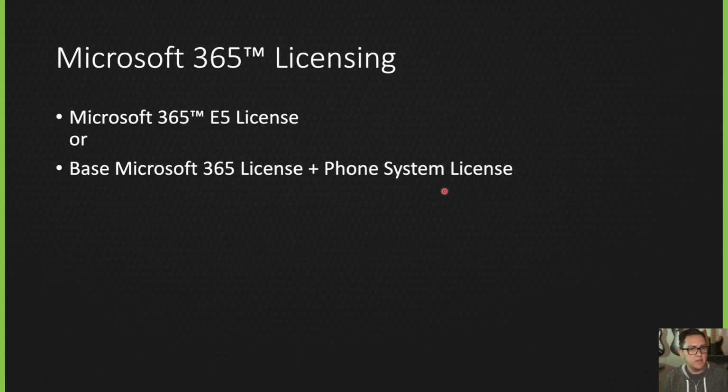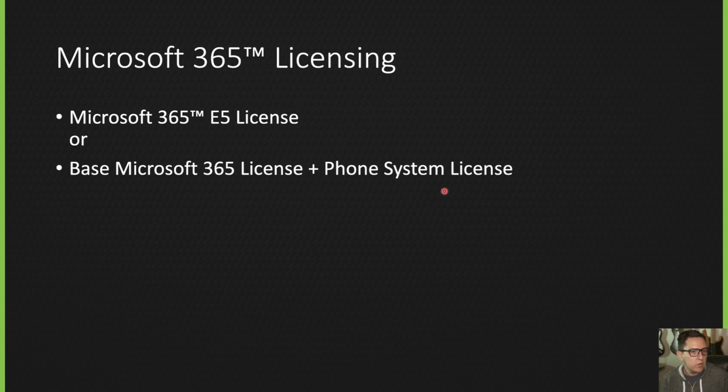This is how Microsoft 365 works. The Microsoft E5 license is a complete enterprise level license that will already include the phone system license. So there's no need to purchase additional licensing to have that direct routing connection.